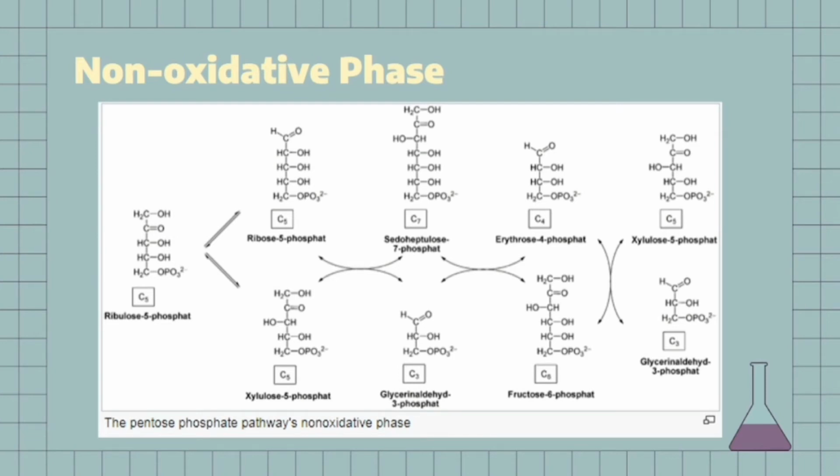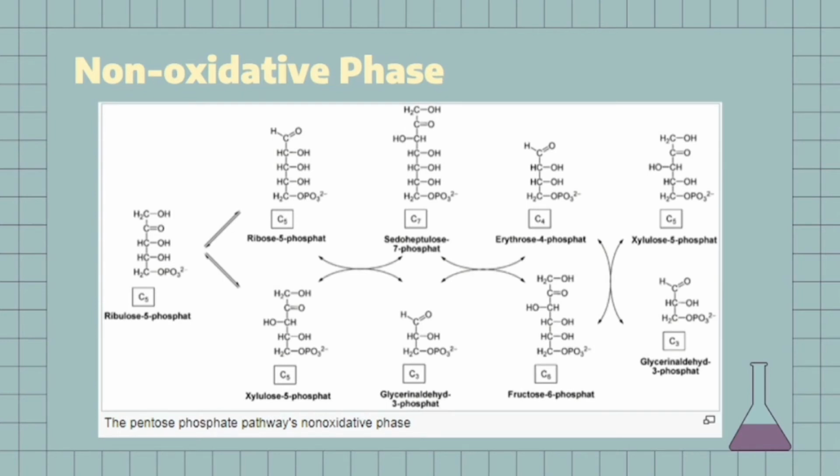In the first process, we are going to take in the ribose 5-phosphate, or the pentose sugar, that is produced in the oxidative phase, which is then converted into ribulose 5-phosphate, an isomer of it, using phosphopentose isomerase.